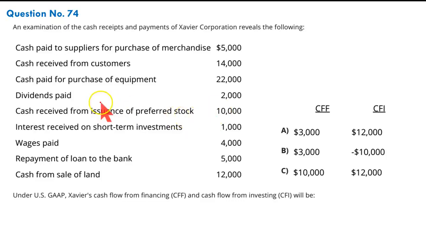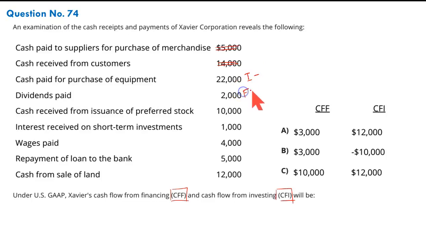Again, a computation question. Under US GAAP, Xavier's cash flow from financing and cash flow from investing. Let us analyze each one separately. Cash paid to suppliers for merchandise, operating. Cash received from customers, operating. Cash paid for the purchase of equipment, investing outflow.